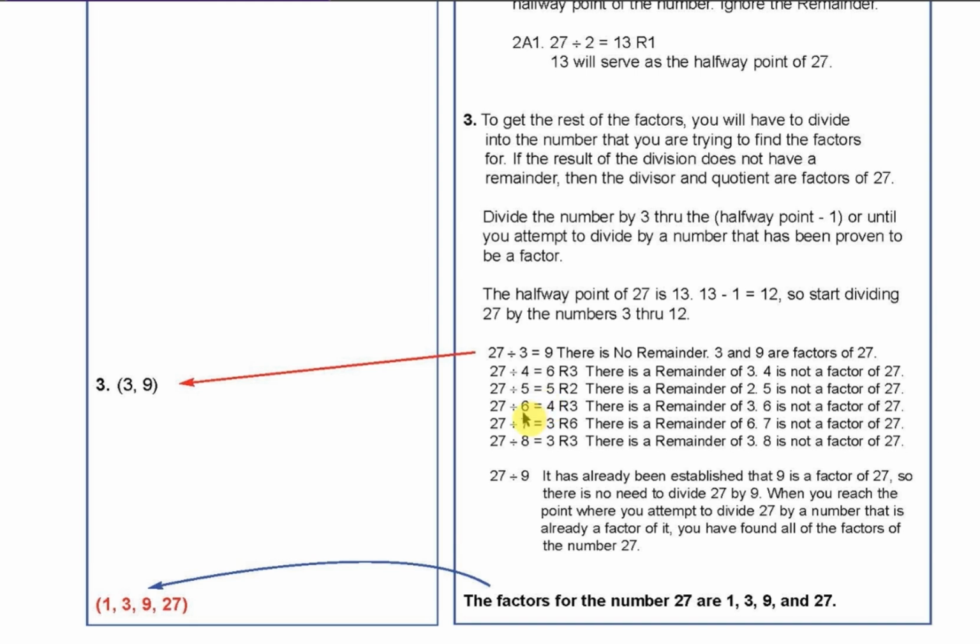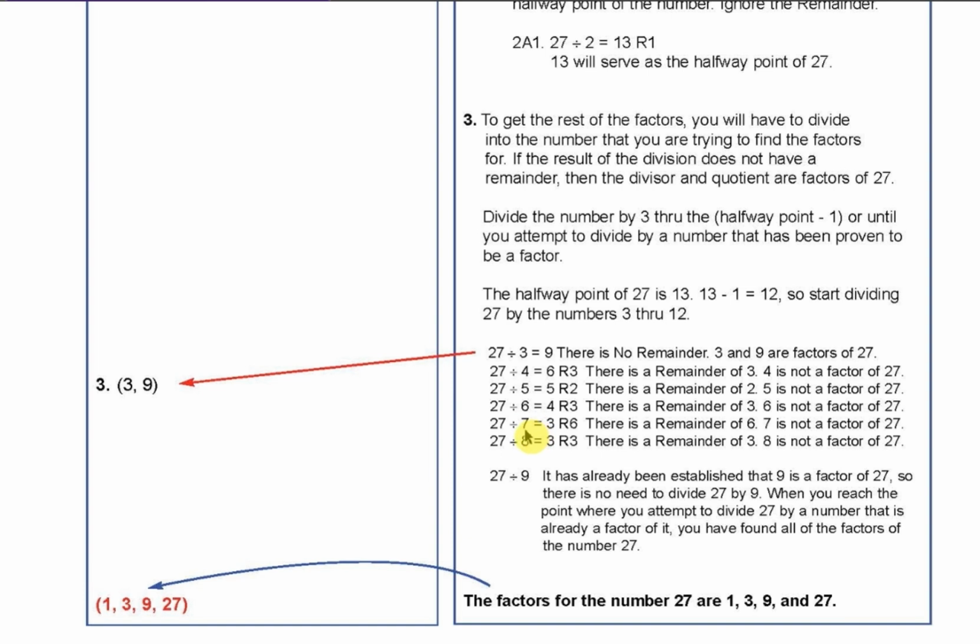Next, we will divide by 6. 27 divided by 6 equals 4 with a remainder of 3. There is a remainder of 3. Therefore, 6 is not a factor of 27 because there is a remainder.